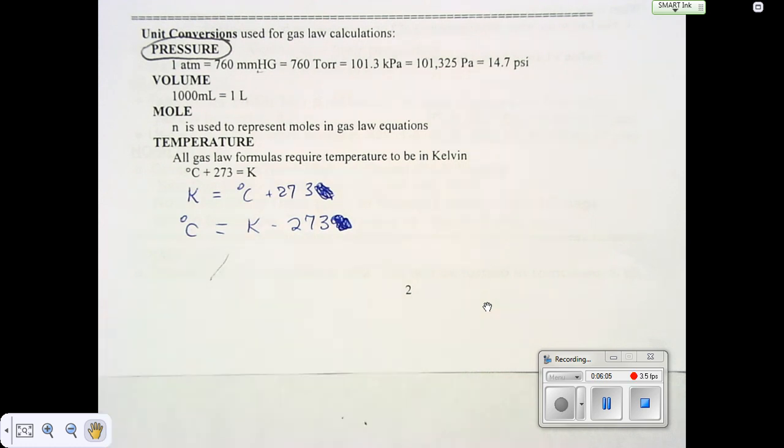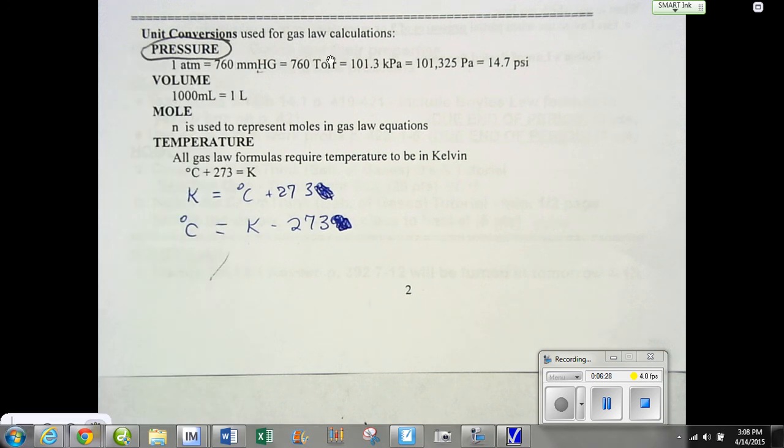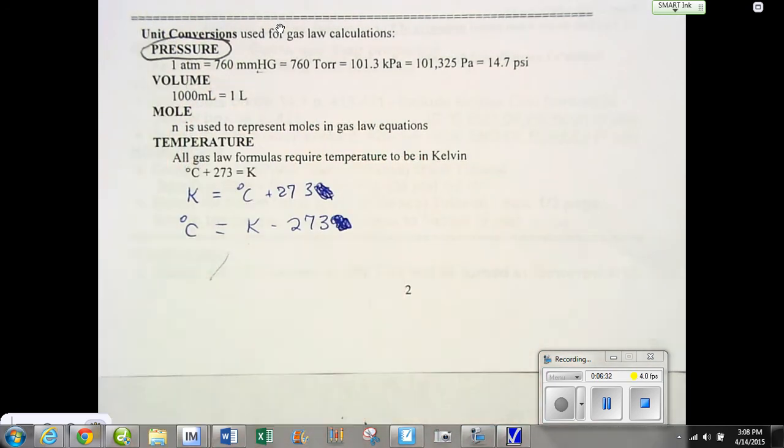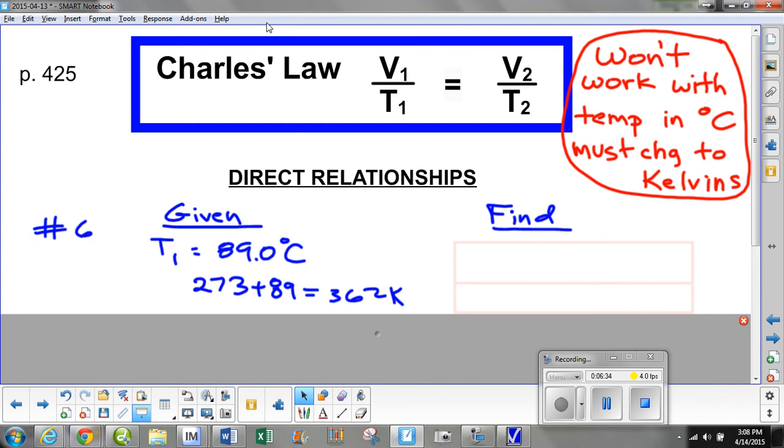That's all you have to do. When we take 273 away from Kelvin, we get to degrees centigrade. When we have Kelvin, it's going to be centigrade plus 273. So that's how you deal with those. We're going to look at this little string of calculations in just a moment. But let's get back to our Charles' Law problem.